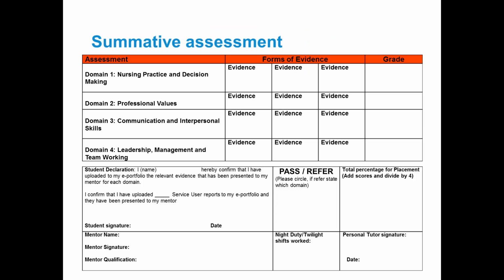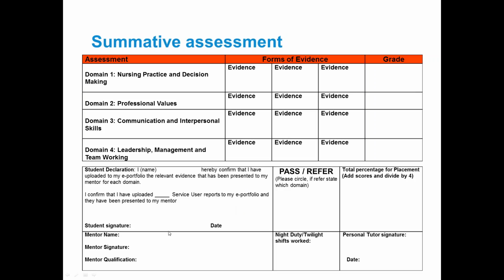So your final assessment looks like this: the domains, the evidence that the mentor has seen, and the grade the mentor gives you, one for each. You're to sign and confirm that your portfolio is up to date and everything is ready and presented to your mentor. You will either be passed or referred, and the percentage will be added there.